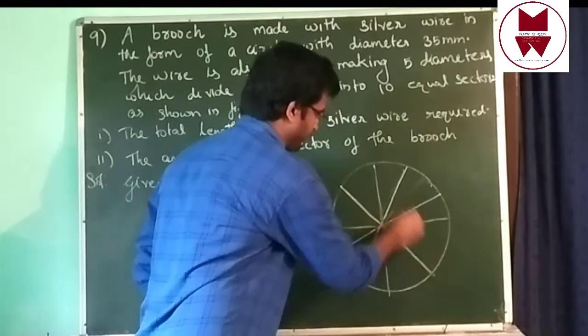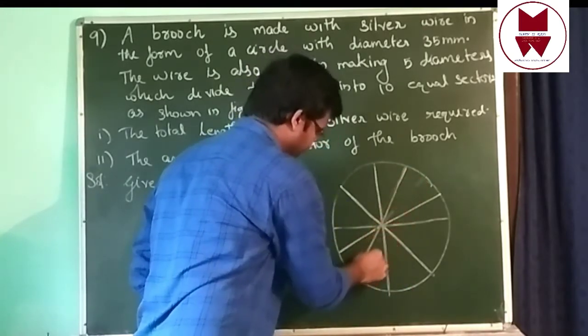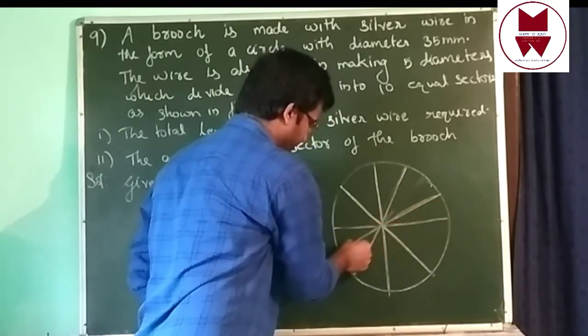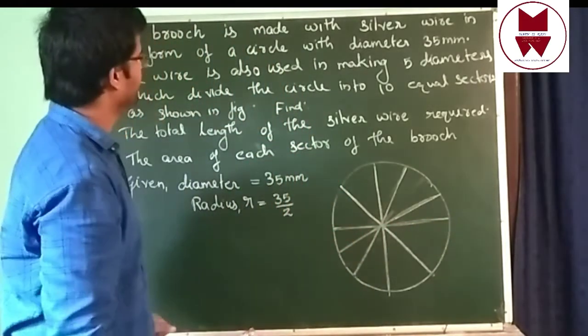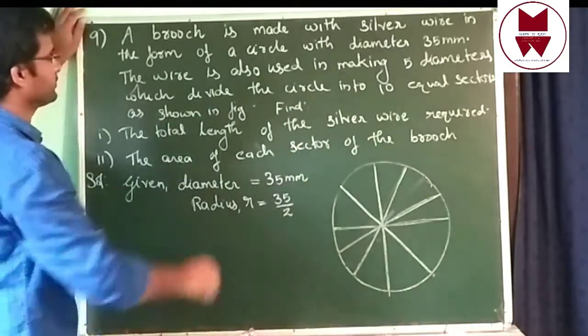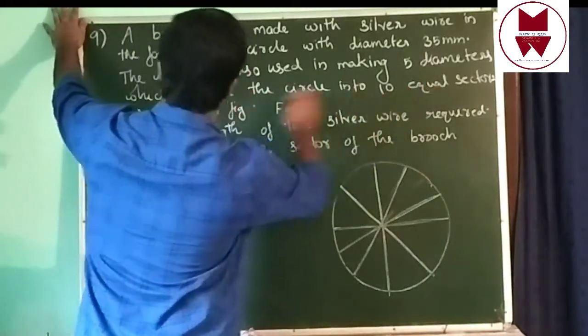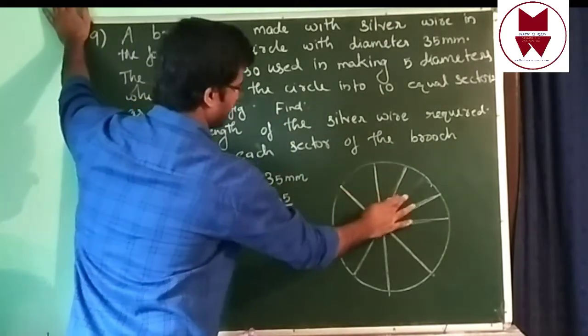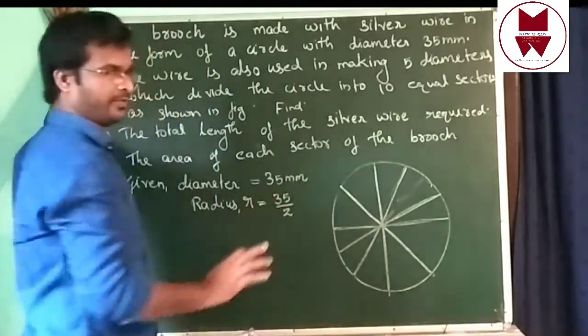That is diameter 1, then this is 2, then next one is 3, then 4, then last, total 5 diameters, which divides the circle into 10 equal sectors. You can count 1, 2, 3, 4, 5, 6, 7, 8, 9, 10 equal sectors.